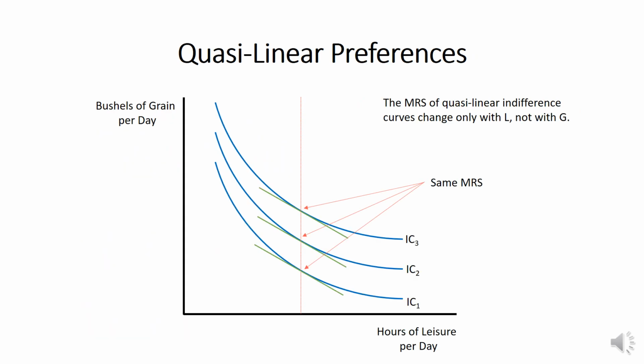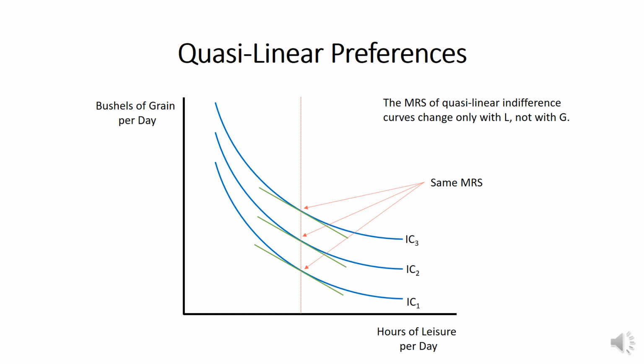So quasi-linear preferences really just refers to a specific shape of indifference curve. It refers to indifference curves where each curve is sort of a carbon copy of the other, shifted upwards in the vertical direction.